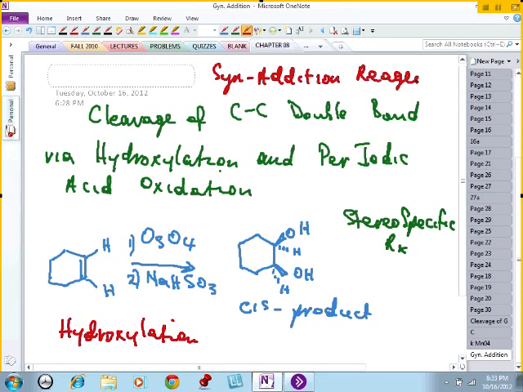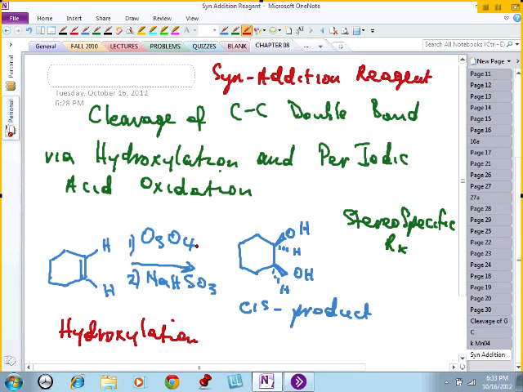So we refer to osmium tetroxide, and any other reagent that will add any kind of groups cis to a double bond in such a way that the product will be cis, as syn addition reagents. In some books they use syn, and in some books they use cis. So cis and syn are basically the same.